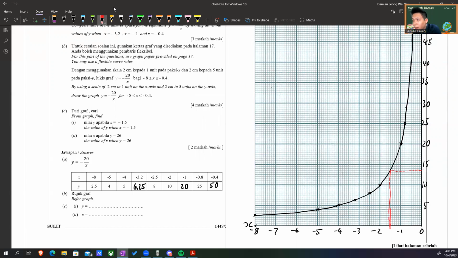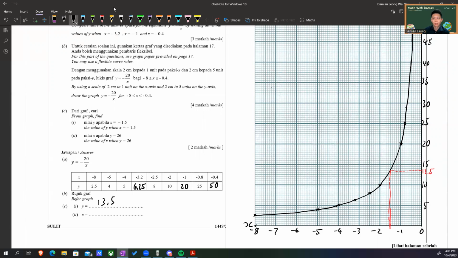So this is about 13.5. What I get is y equals 13.5, but you can get slightly different depending on your curve. You might get 13 or 14, which is fine, but not too far away, plus minus 0.5 from here.